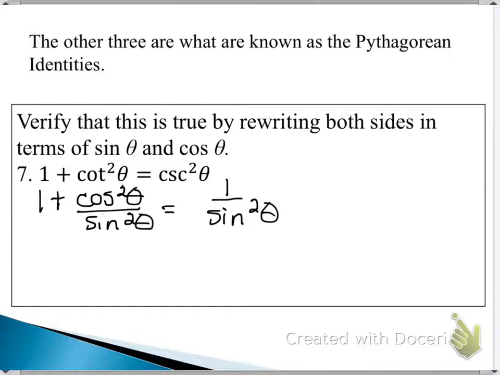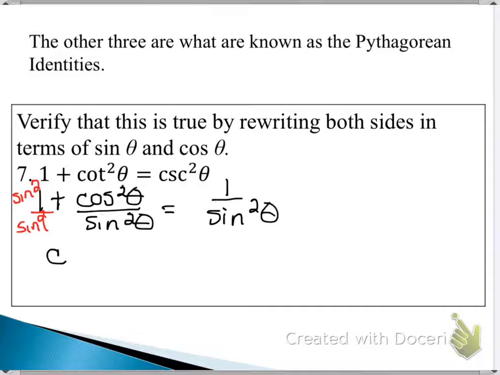We're going to verify that 1 plus cotangent squared theta equals cosecant squared theta using the identities. Same tricks here, where you've got to use your fractions. We have sine squared here and sine squared here, so we would end up writing it as a single fraction.